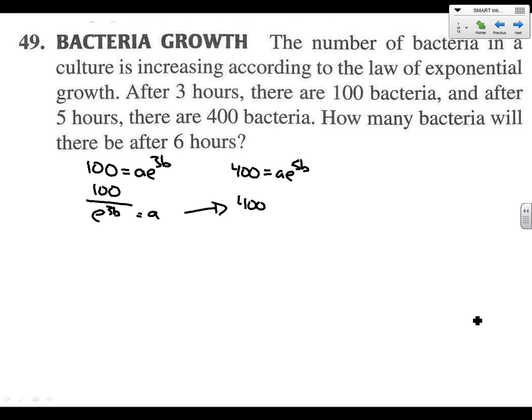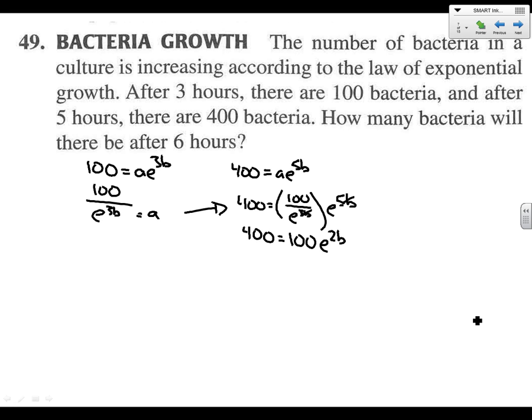400 equals 100 over e to the 3b times e to the 5b. You end up with 400 equals 100 e to the 2b, 5 take away 3.